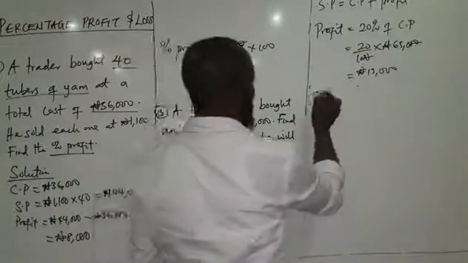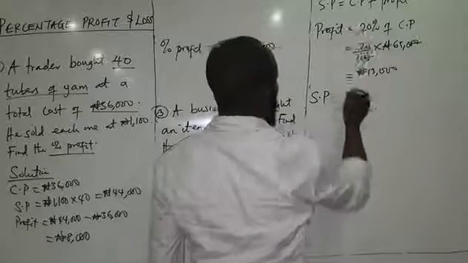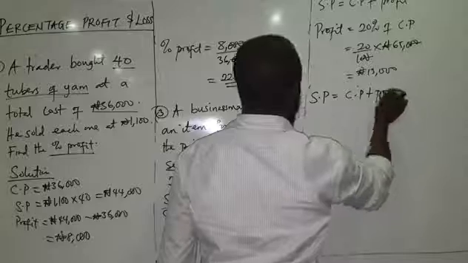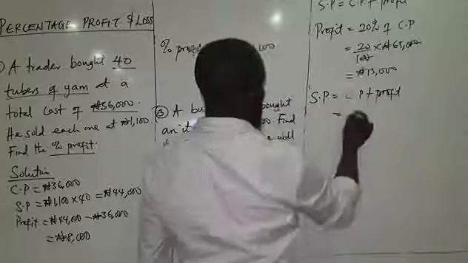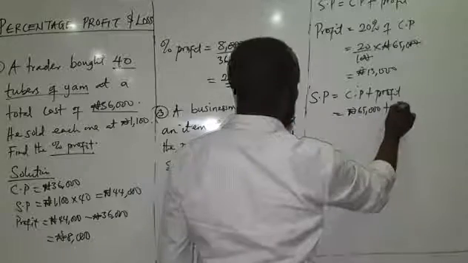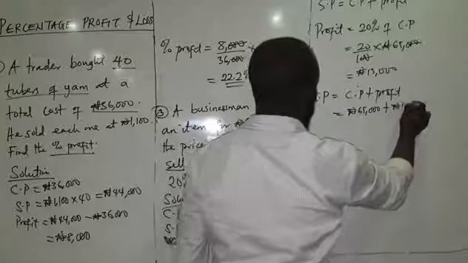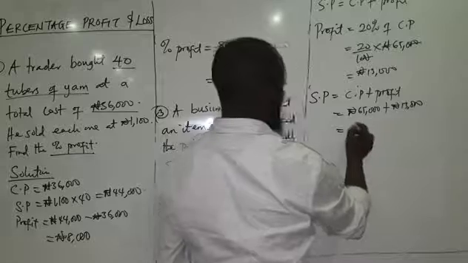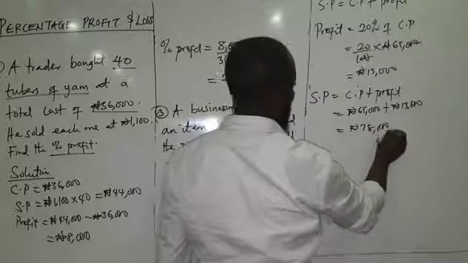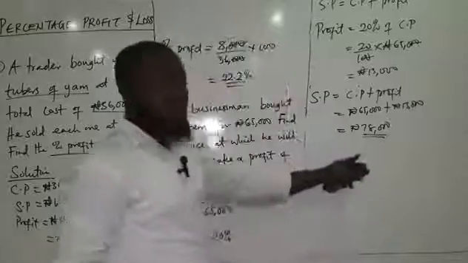The selling price is cost price plus profit. So that's the first step. Cost price, which is 65,000, plus 13,000 naira, therefore gives us 78,000 naira.